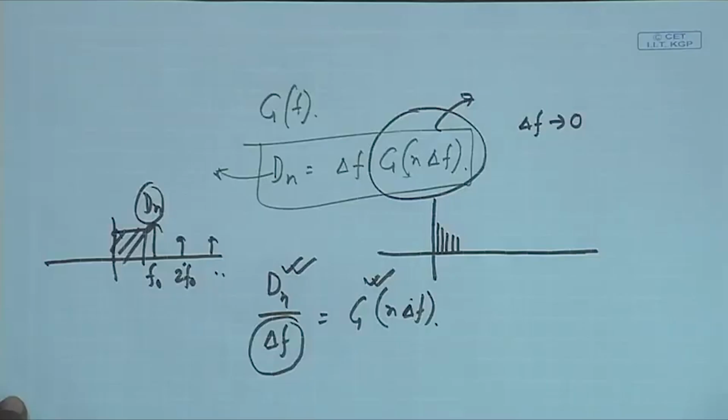In a very closely packed frequency domain representation, I get, at an instantaneous frequency, the per unit frequency spectrum component, or the spectrum strength. That is why, whenever we talk about g, it is not the spectrum itself, it is actually the spectral density.